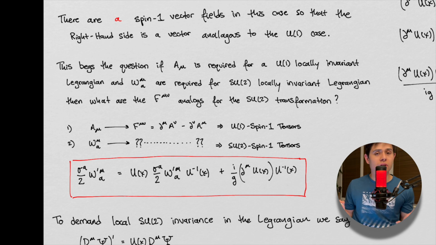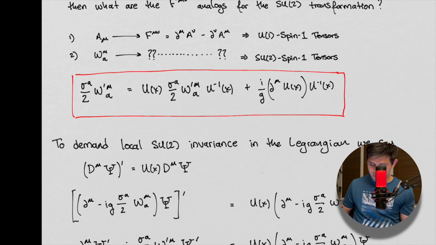We know that there's an electromagnetic field tensor within the U1 case. What exactly is going to be the analog between the electromagnetic field case, that's the U1 case, and the SU2 case? So here, I have a little mind map.